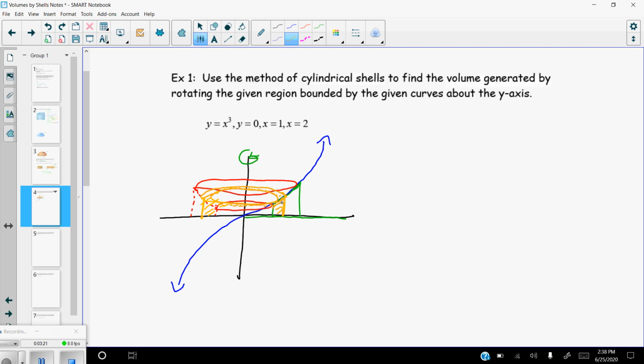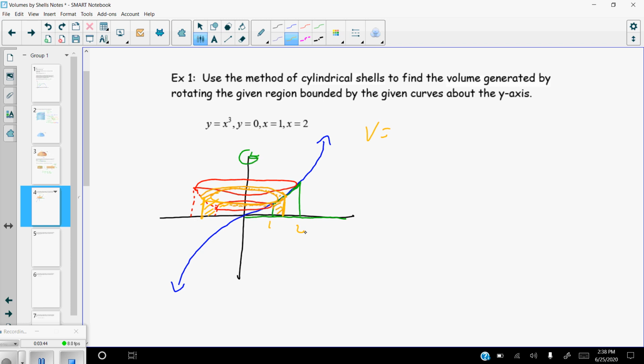Okay, so we're going to go ahead and find the volume. So remember that this was 1, this was 2. Remember that the volume of a cylindrical shell is the circumference times the height times the thickness.